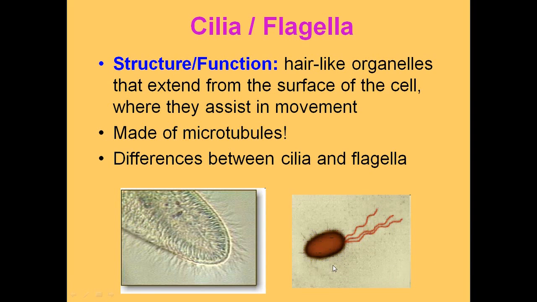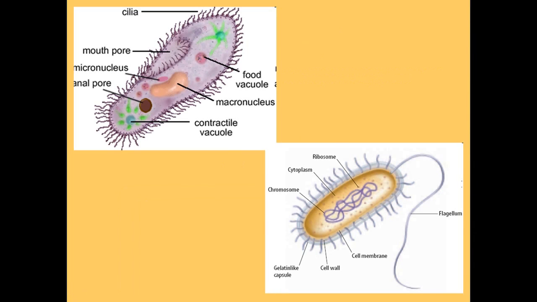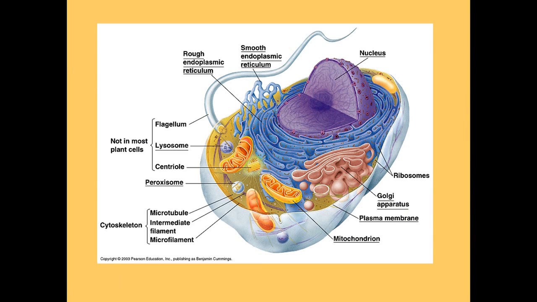The guy on the right there has cilia around the edge, but also has 3 flagella as well. So it has 3 tails to help it swim around as well. Again, these are made up of microtubules, which are actually part of the cytoskeleton, and they assist in movement of different cells.